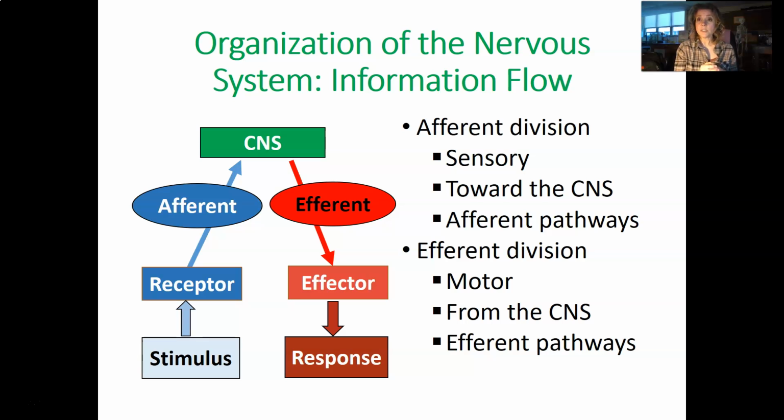The central nervous system sends that response through the efferent branch, which reaches an effector, like a muscle or a gland, and then that muscle or gland is going to produce a response that is hopefully congruent with what the stimulus was.